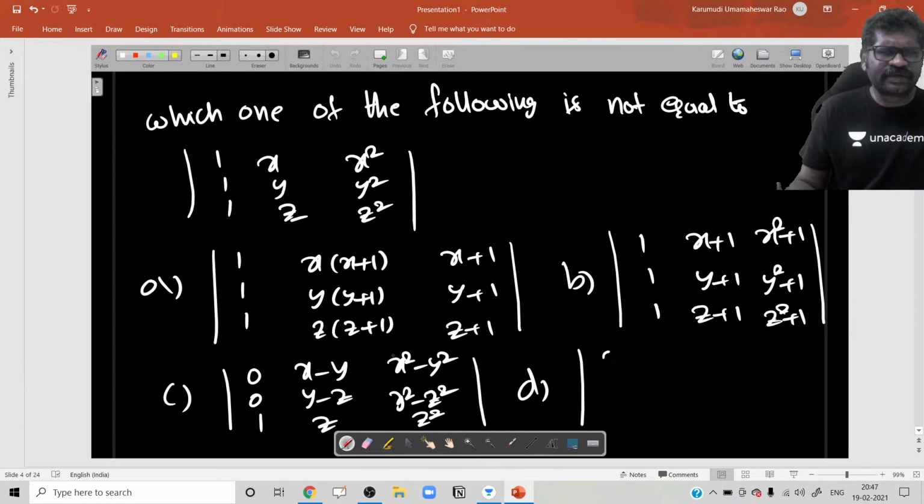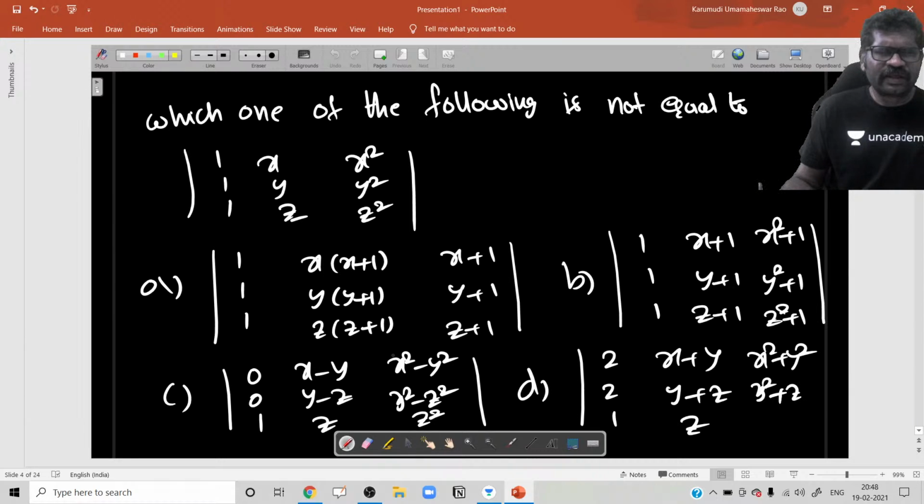Last option: 2 2 1, x plus y, plus z, z, x square plus y square, plus z square, z square.